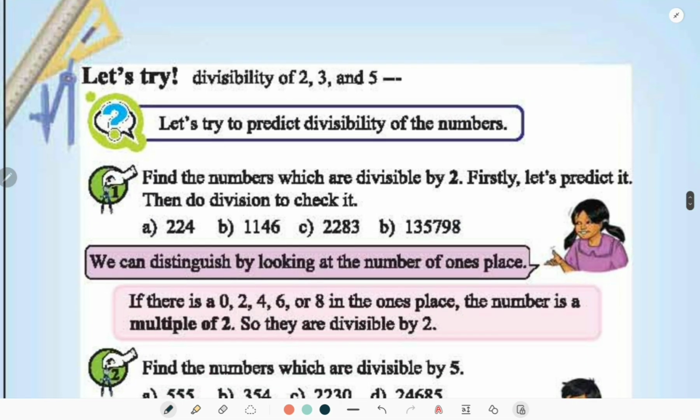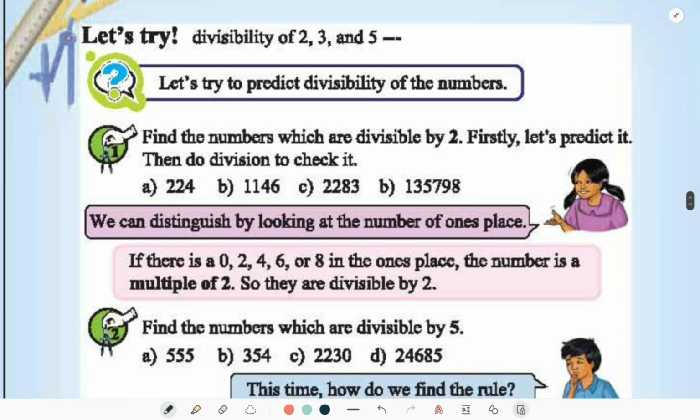Now let's see the divisibility rules. If you have a number like 224, if you want to tell whether it is divisible by 2 or not, how to check actually without actually doing the division? How to identify?